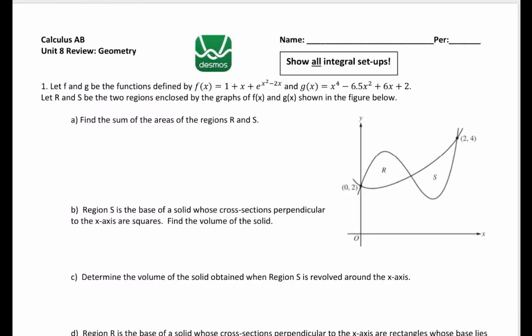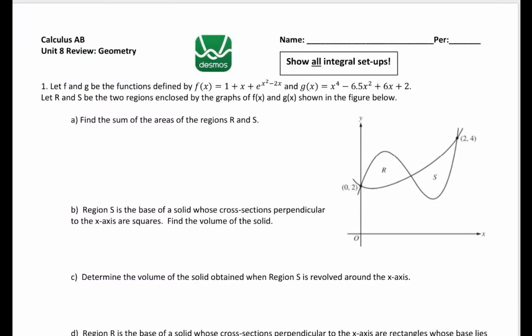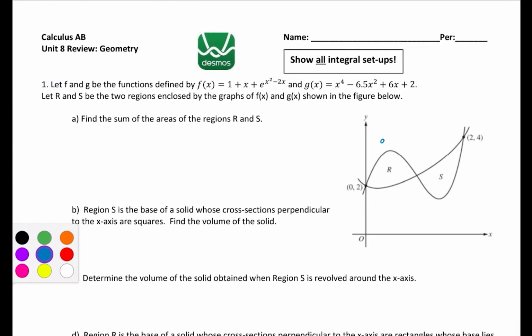Part A says, find the sum of the areas in regions R and S. So going back to these two graphs, the whole reason we put these in to begin with is to figure out which one was f and which one was g. And you can see that blue function there is g. So I'm going to label that here in blue, just to stay consistent.